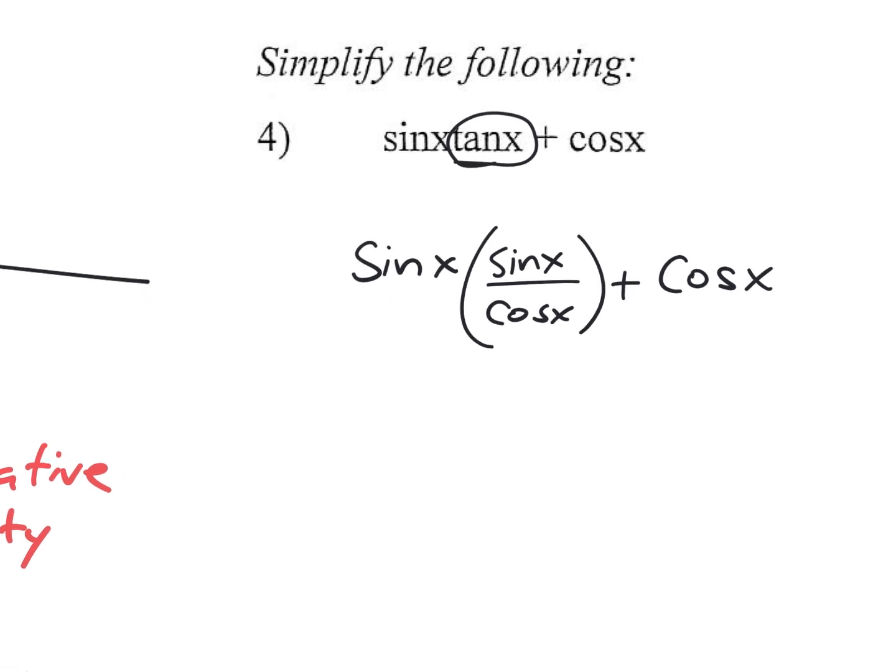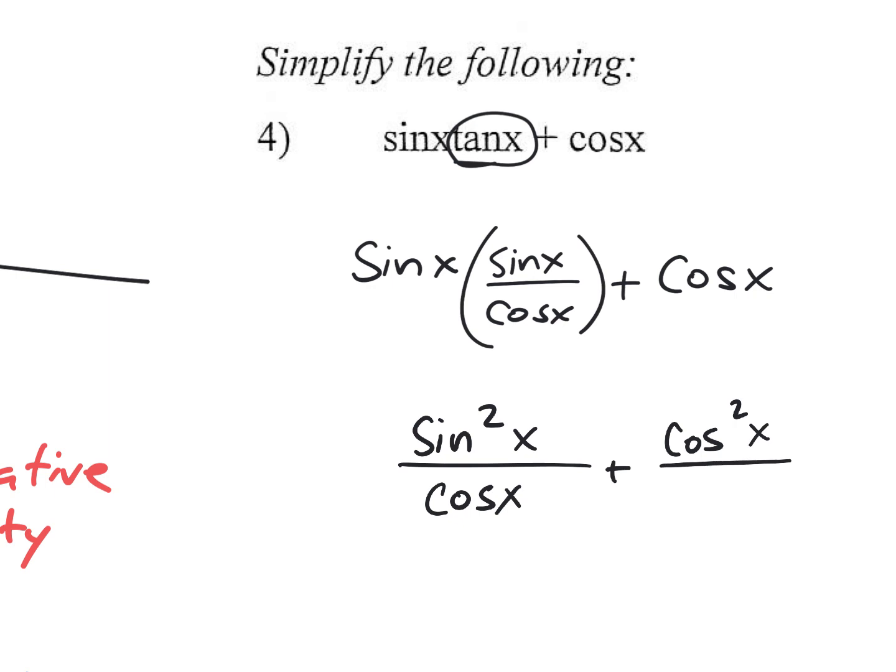So what moves can I make here? I can multiply on the left. I can write the numerator as sine squared x over cosine x. But I also want to try to combine this with this cosine x. So I'm going to get a common denominator. I'm going to rewrite this as cosine squared x over cosine x.